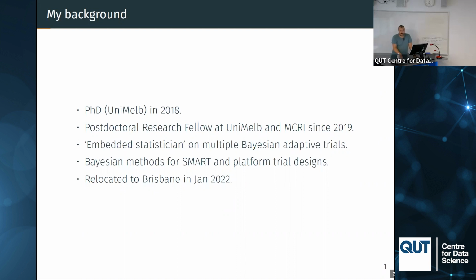Since then, I've been a postdoctoral research fellow at the University of Melbourne and MCRI, and I'm what I would call an embedded statistician on quite a few Bayesian adaptive clinical trials. By embedded statistician, I mean we work much more iteratively in the ongoing design and analysis of these trials than one would usually do in a traditionally designed and analysed clinical trial.